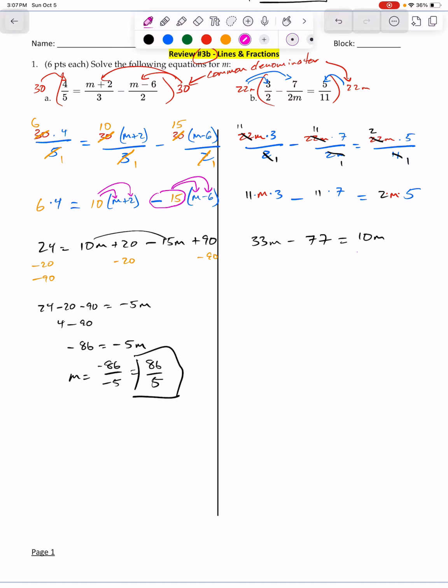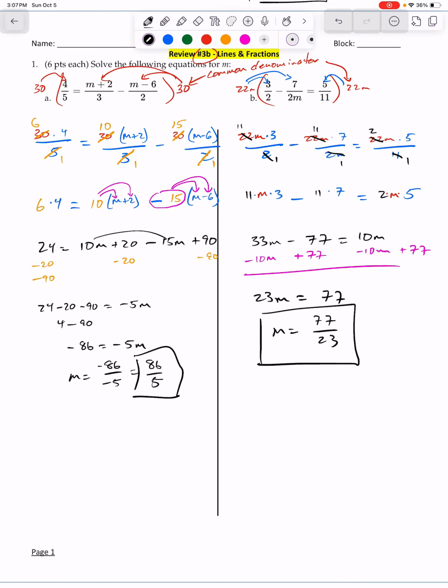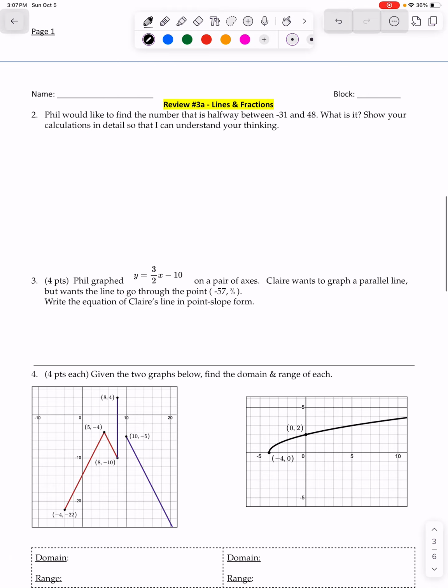So I'm going to subtract 10m from both sides and add 77 to both sides. And what I get is 23m equals 77. So m equals 77 over 23. Piece of cake. On we go.